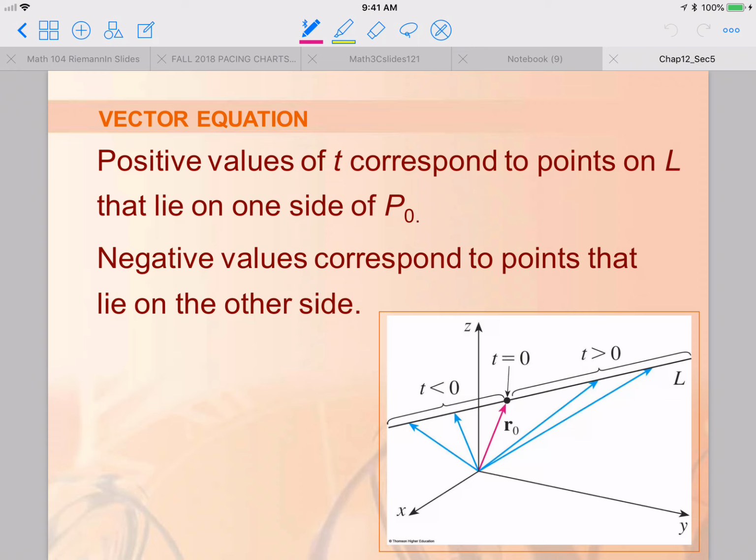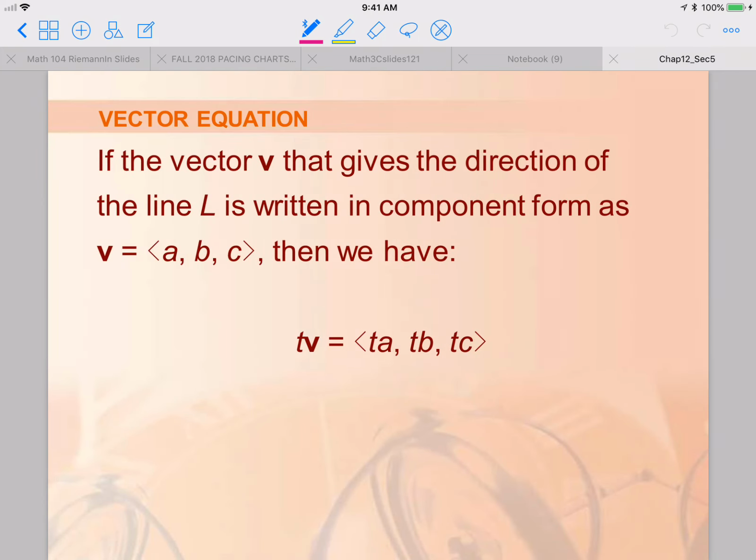So we just said this right here. Positive values of t correspond to points on L that lie on one side, and negative values correspond to points that lie on the other side. We said that. And then we're still working with our vector equation. We're saying that if we have a vector v, which gave us the direction of the line, we could write that vector v in terms of components.